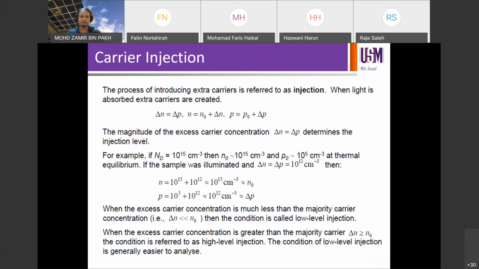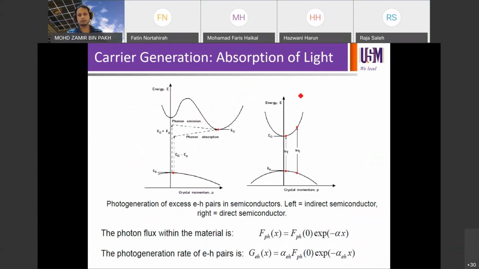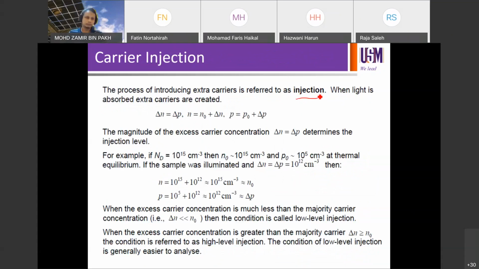And we have also discussed carrier injection, where we assume our semiconductor is N-type in this case, and we assume our dopant is N-type. Since ND is given, the silicon here is N-type and N0 is equal to ND because we assume 100% ionization.